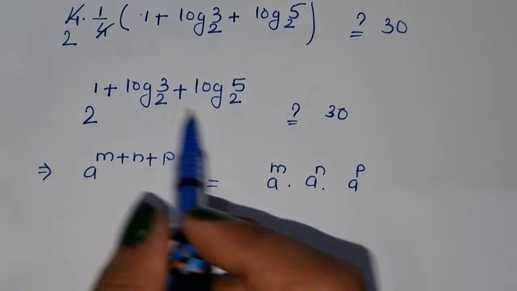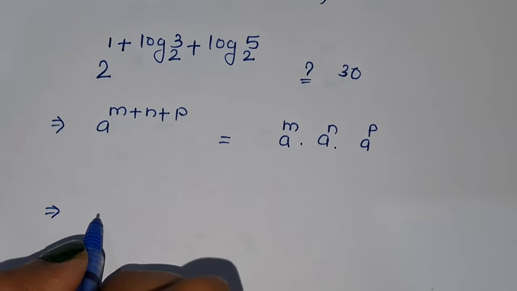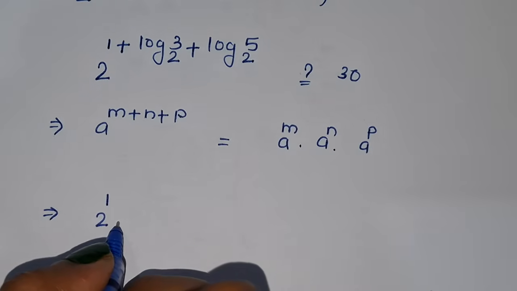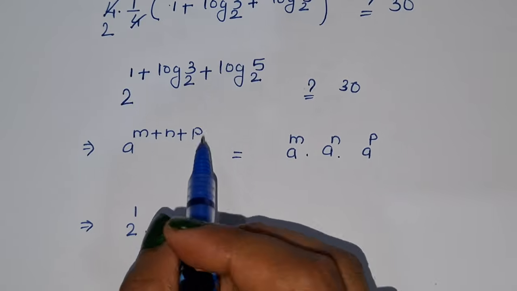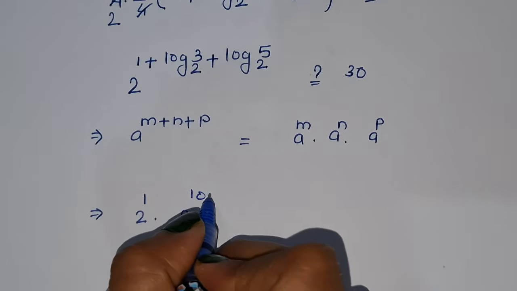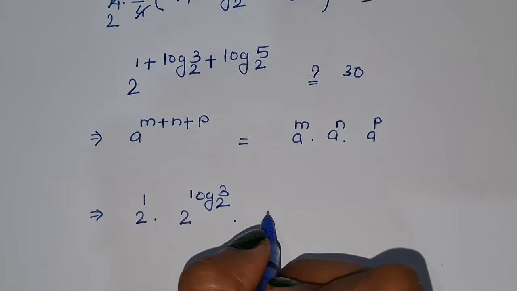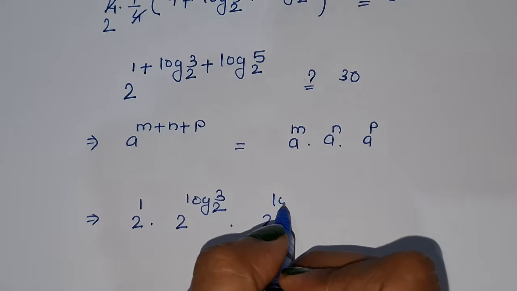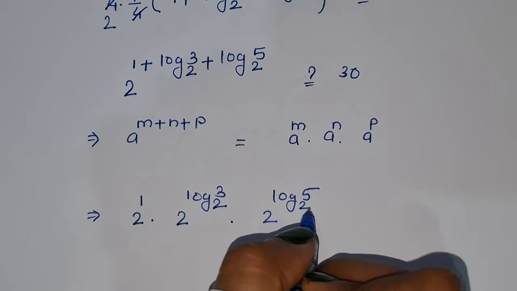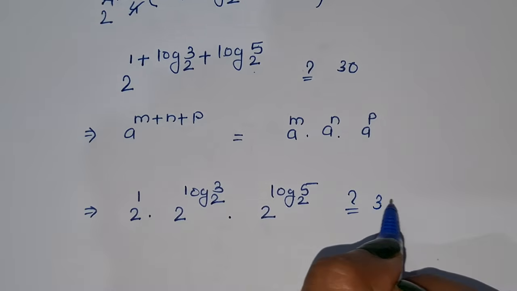Using this formula we can write 2 power 1 times 2 power log of 3 to the base 2 times 2 power log of 5 to the base 2, question mark 30.